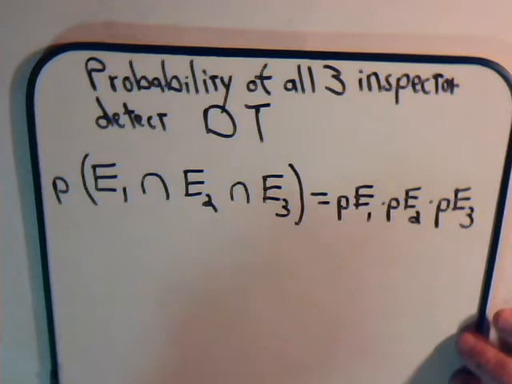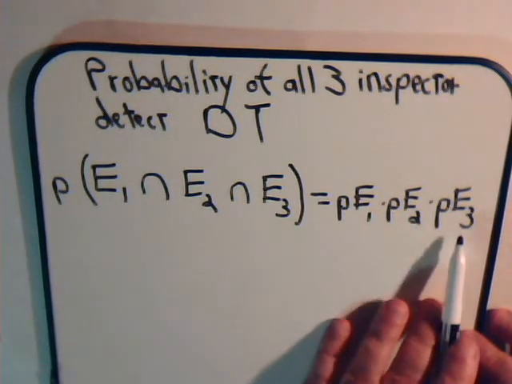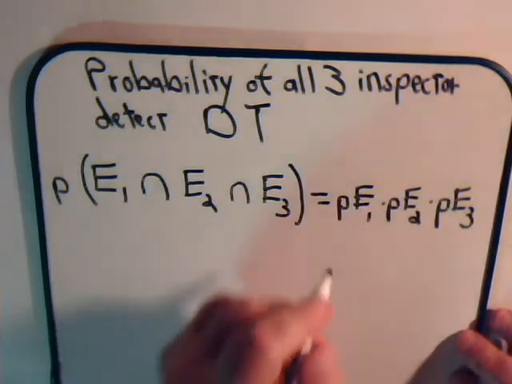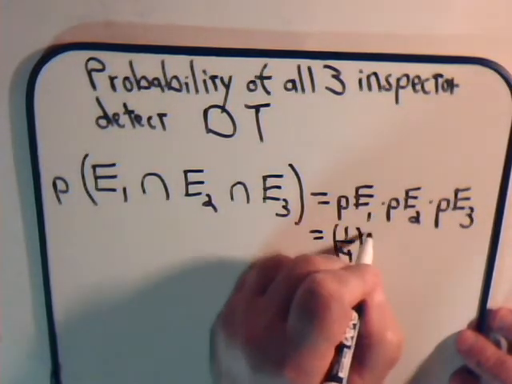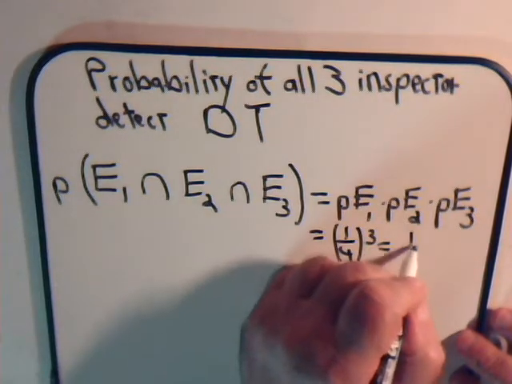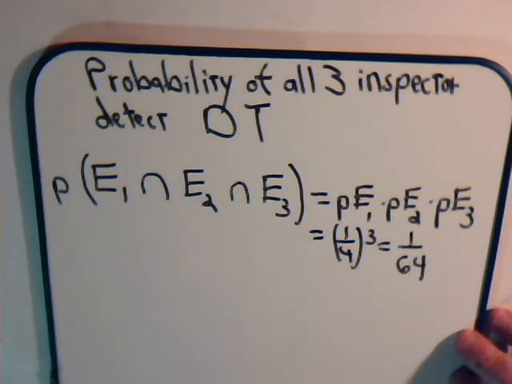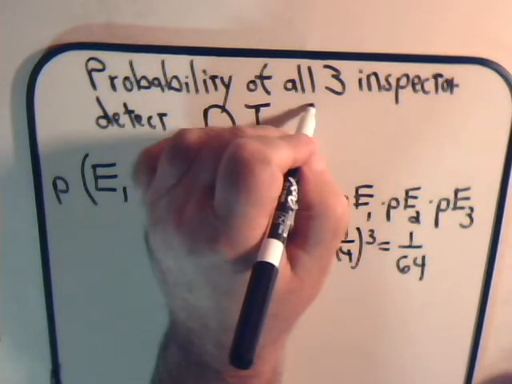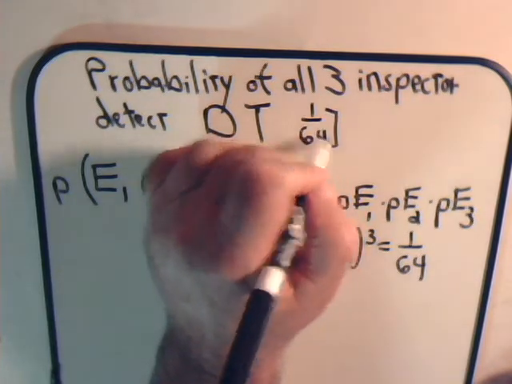And in each case, this is 1/4, this is 1/4, this is 1/4, so we have 1/4 cubed, or that equals 1 out of 64. So the probability of all three inspectors detecting a defective transistor is 1 out of 64.